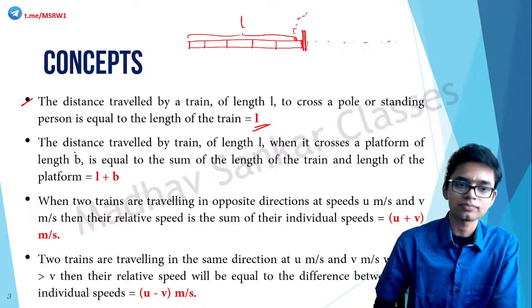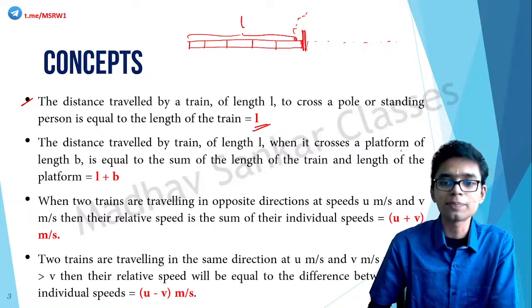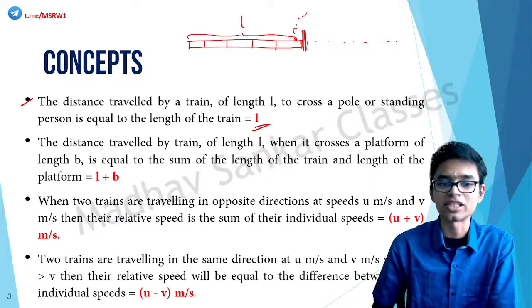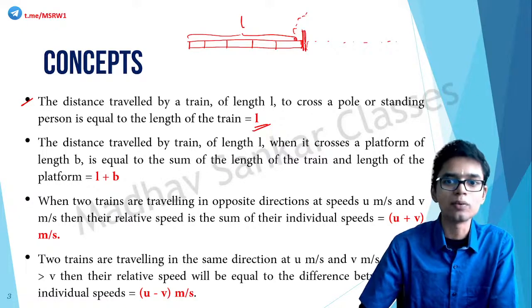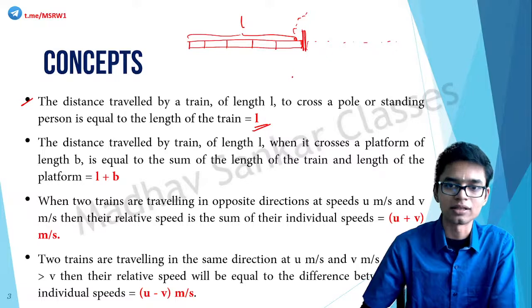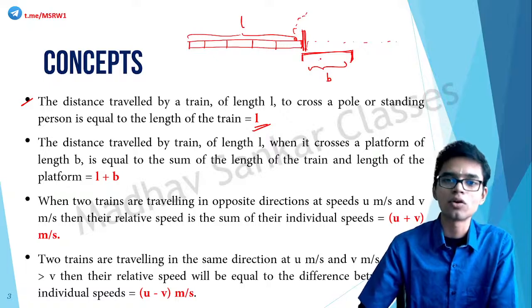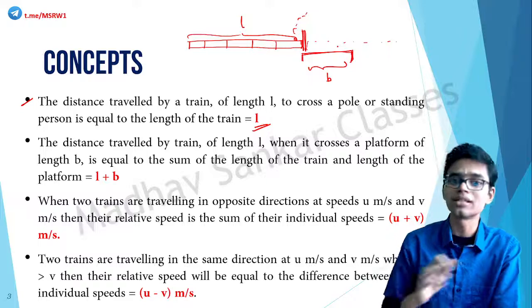Now, the distance traveled by a train of length L when it crosses a platform of length B is equal to the sum of the length of the train and the length of the platform. Suppose instead of this standing pole, let's draw a platform, and the length of this platform is B. If the train has to move past this platform completely, what is the total distance covered?